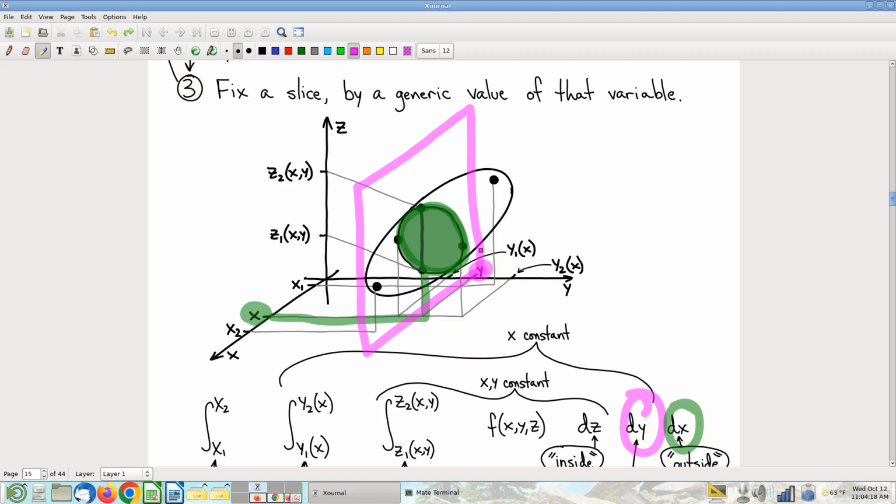Got to think about first and last. Our first slice is going to be there, which corresponds to a lower bound for y. Our last y slice of that x slice is going to be here, which corresponds to that value of y.